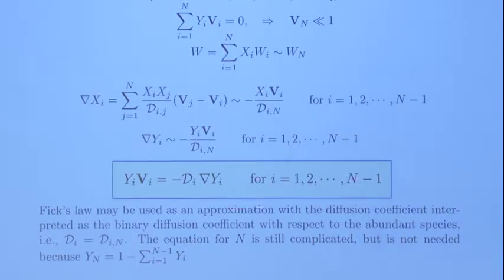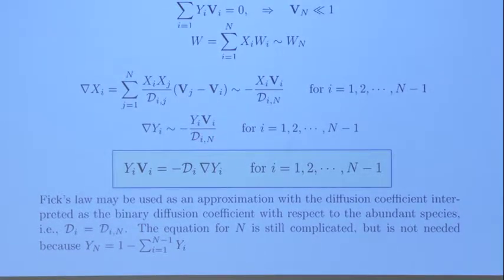Well, you can do this for N-1 species, now all the ones which are scarce. What about the N species itself, the nitrogen, say? Well, for the nitrogen, it's not true that you can write a Fick's law. In fact, the right-hand side will be very messy, will contain many terms. But luckily, you don't need it because you can compute it from the fact that the sum of all Y_i is 1.